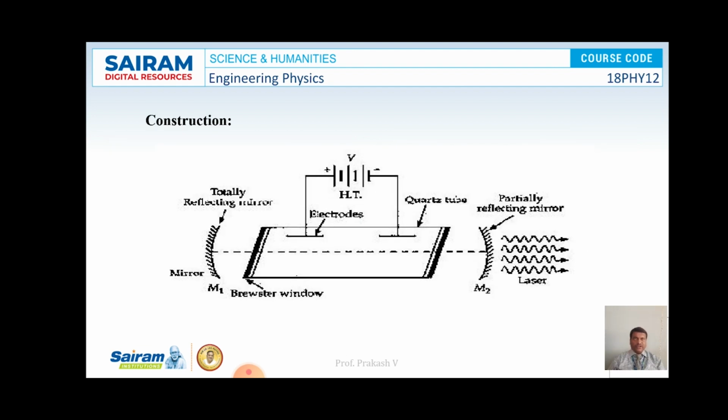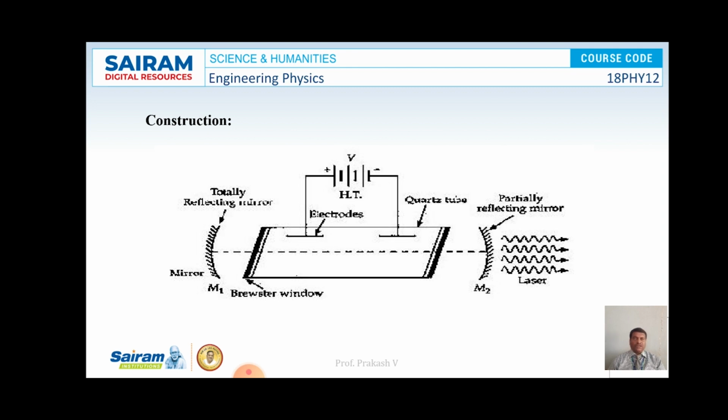Now let us concentrate on the construction of CO2 laser. Here the active medium is CO2 gas, and the laser transition takes place between the vibrational states of CO2 molecules.